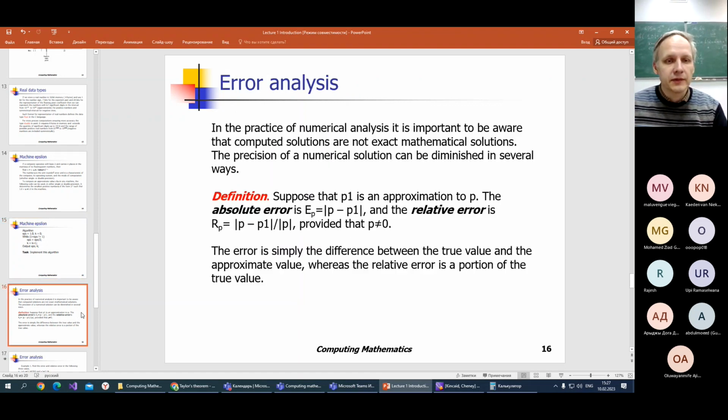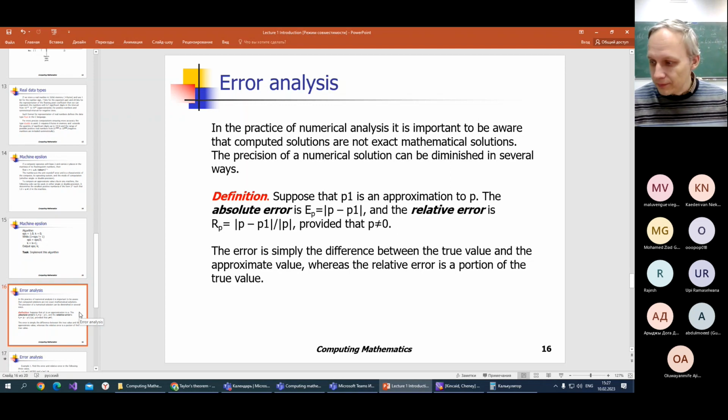Also, when we deal with real data, real numbers, real-world information, this information can also contain some mistakes, some errors.